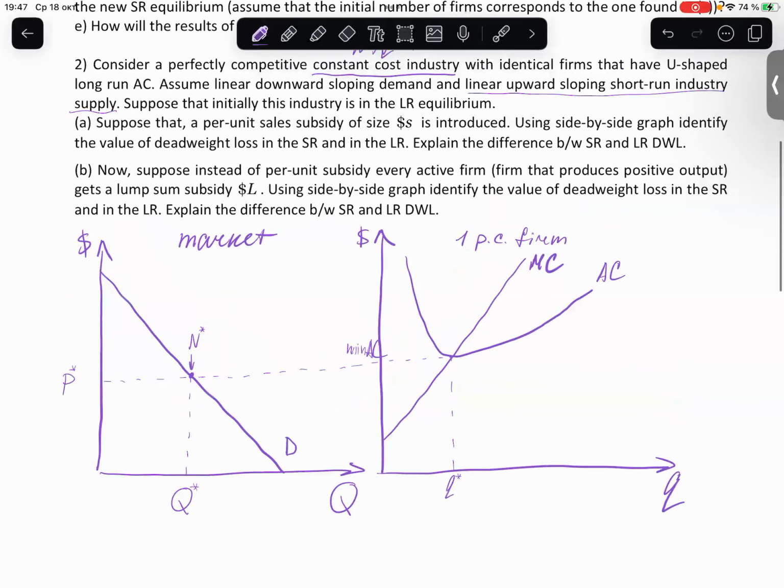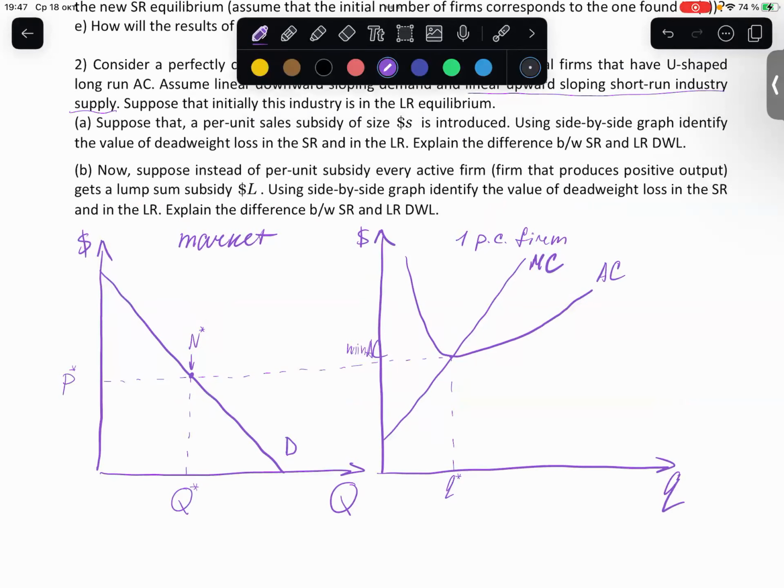Now, what happens? In a constant cost industry, the long run supply is horizontal. Long run supply is where price is equal to the minimum of average costs. This is long run supply.